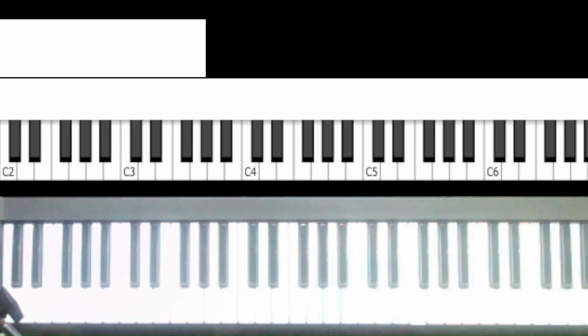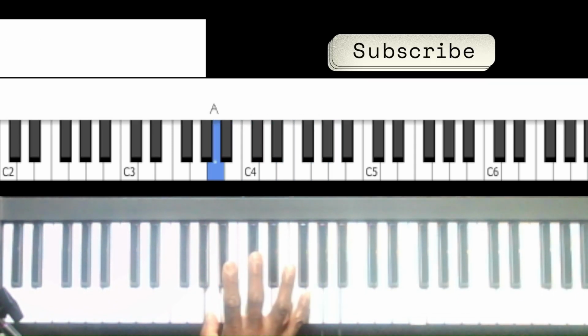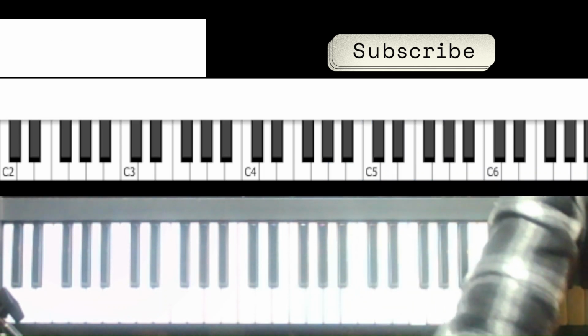It sounds a little funny to your ears if you're not used to hearing that mode, and that's what is creating a different sound. And it creates that mode.